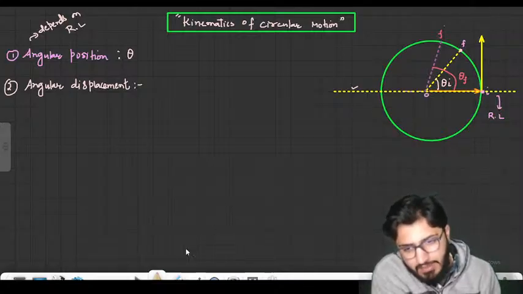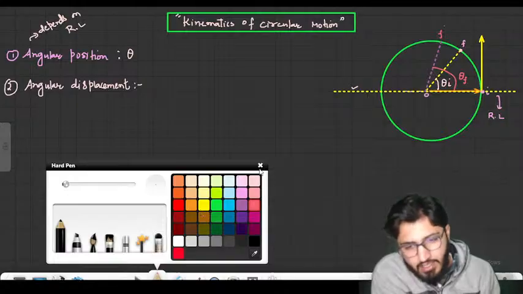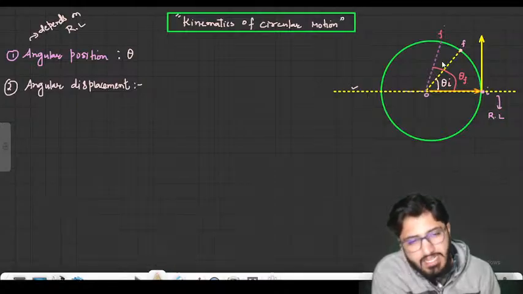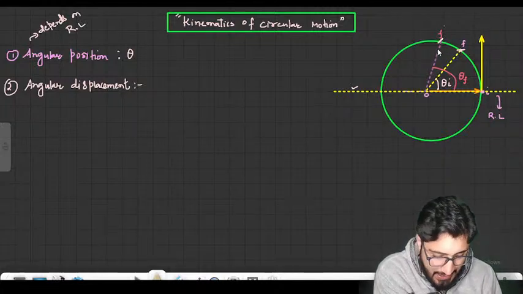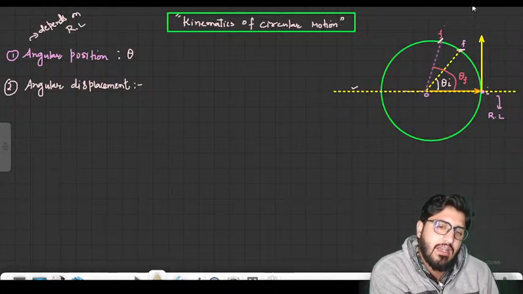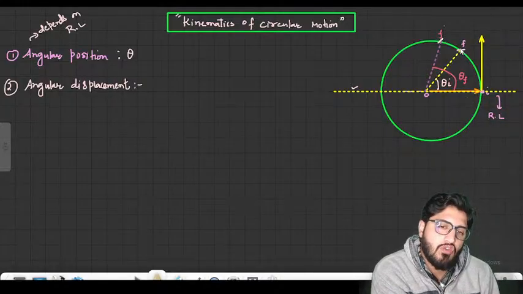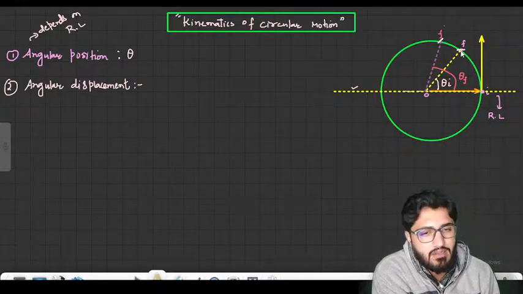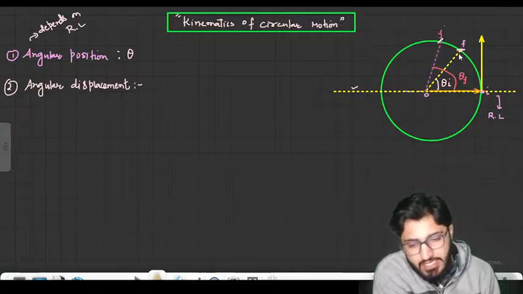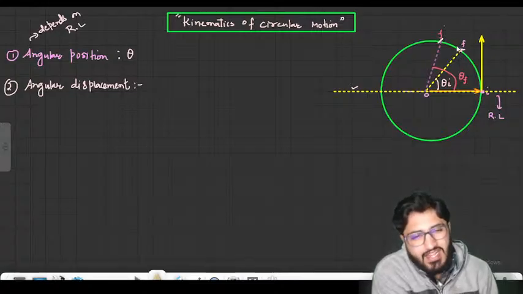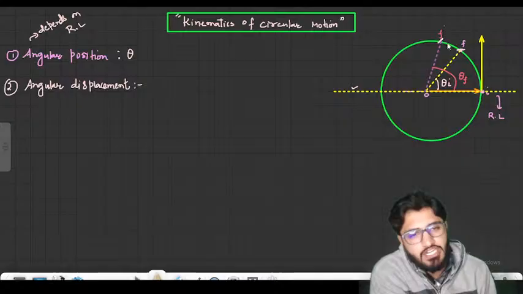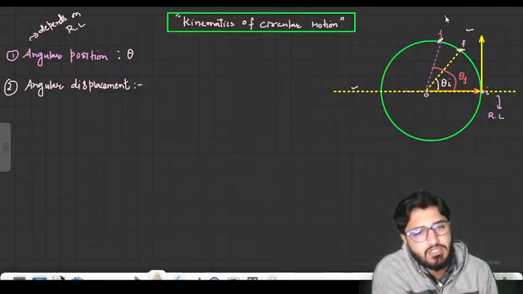Displacement simply indicates the change in position of your body from last to first. Look, my particle goes from initial to final here, the first time. The second time, my particle goes from initial to final here. So what is the displacement between these two points?